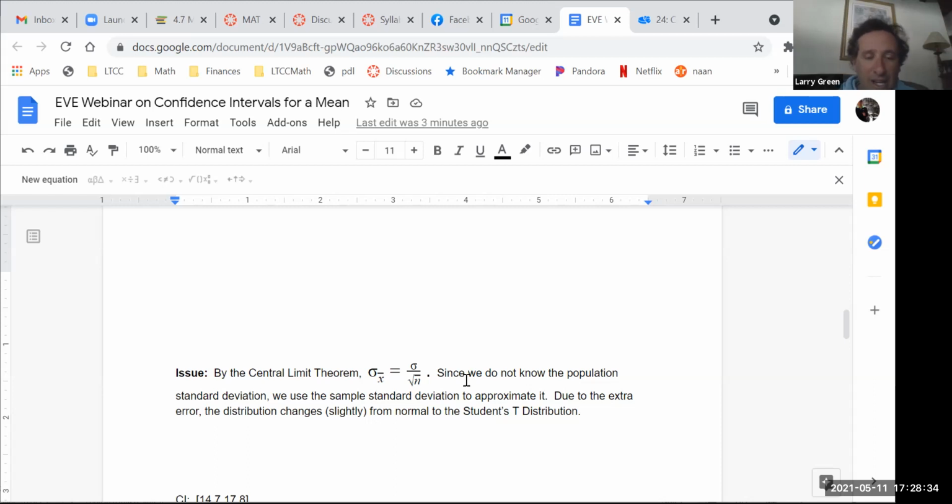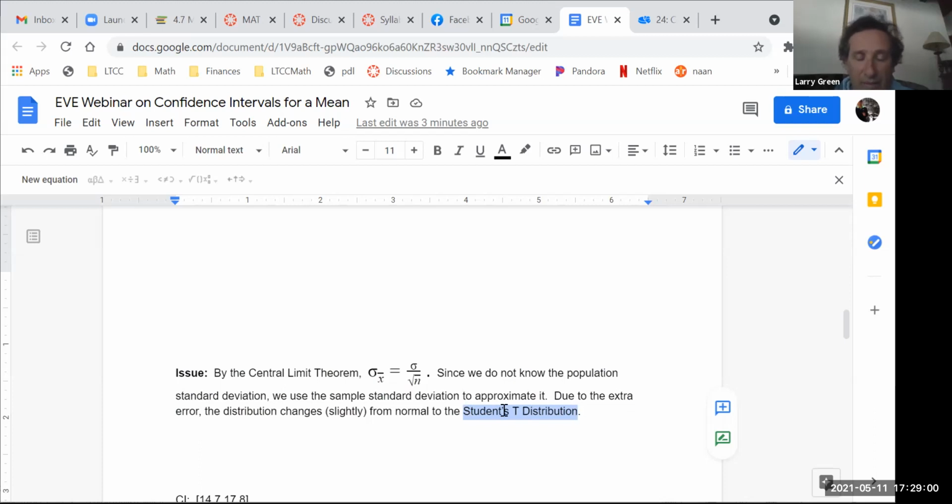But what you do need to know is that it has a name, and he named it after his students. He called it the student's t-distribution. So when you're doing a confidence interval for the mean, you don't use a z, you don't use the normal distribution. You actually use this adjusted distribution called the student's t-distribution.